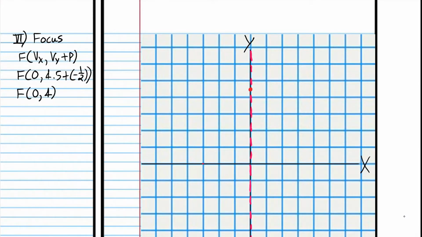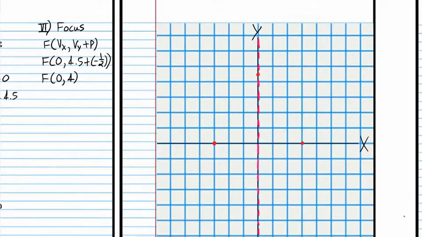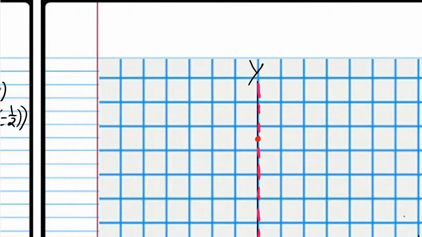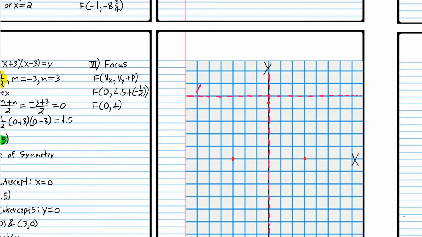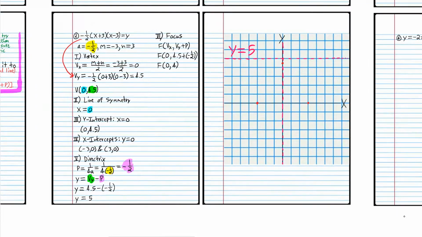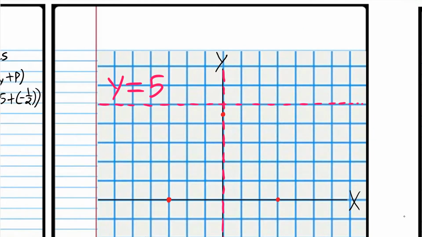And then the x-intercepts are there, 3 and -3. And the directrix is y equals 5, so that's going to be up here. Remember, the directrix is always a horizontal line. And I can go ahead and write that equation, y equals 5. And what else do we have? We have the focus is (0, 4). So that would be here.